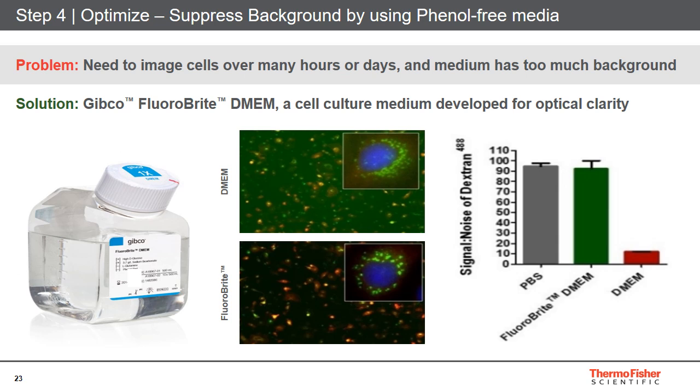On the right is a quantification of signal to background in PBS, which is of course the positive control here, that is also optically clear, and is essentially comparable to the FluoroBrite DMEM signal to background, whereas DMEM with phenol red has relatively low signal to background compared to these two approaches. So this is a pretty simple thing to do, and it can really greatly improve the signal to background by eliminating background from the media contribution.